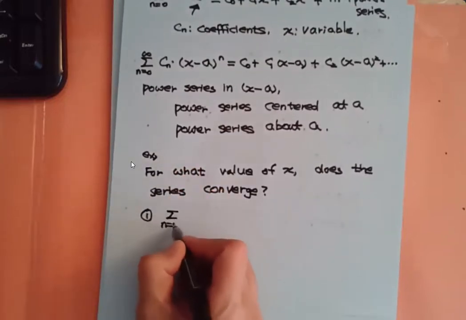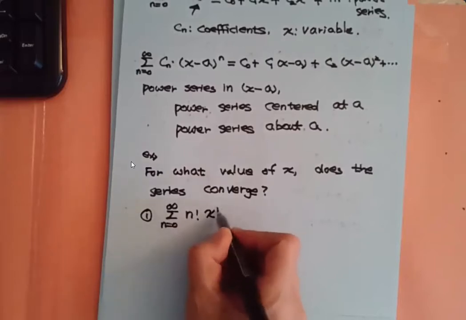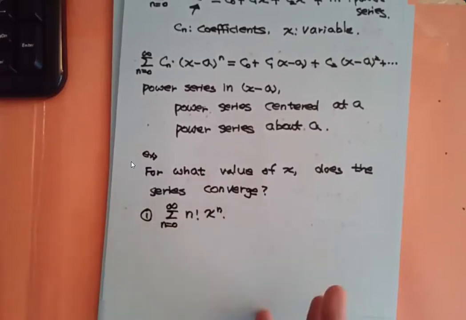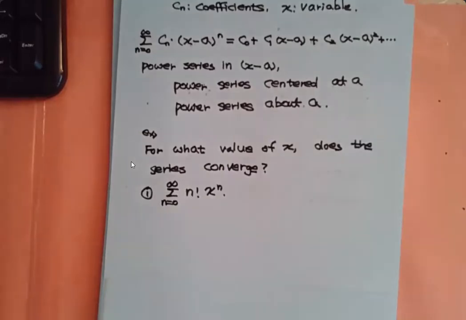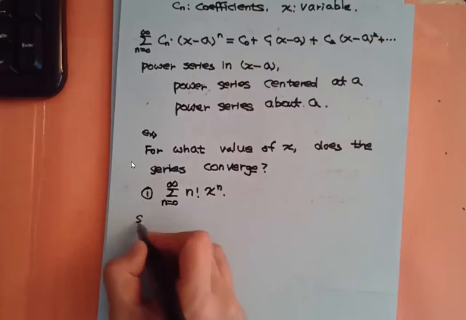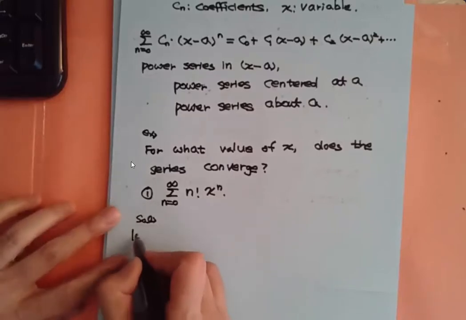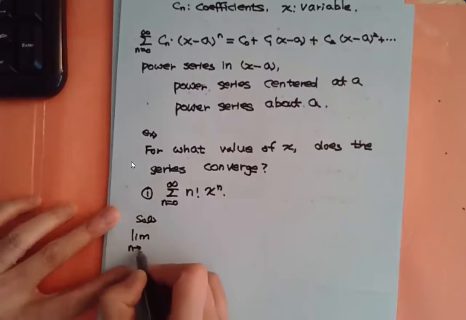Summation n equals 0 to infinity n factorial times x to the n power. Again, we may think about the root test, but because of n factorial, we cannot do it. When that is the circumstance, we can consider the ratio test.